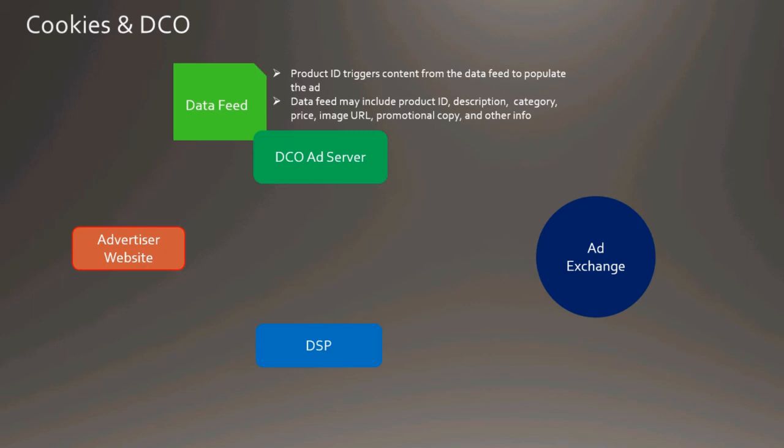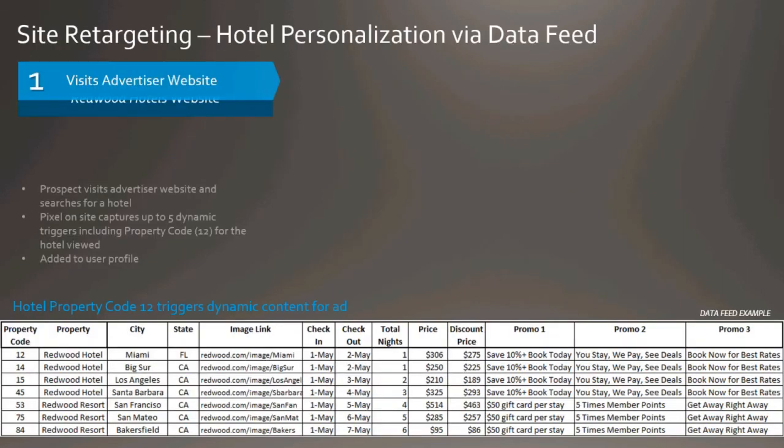And this captured product ID that's in the user's profile acts as a trigger for the content within the data feed that then populates the ad. The data feed may include information like product ID, description, category, price, image URL, promotional copy, and other information. More on how the data feed works on the next slide.